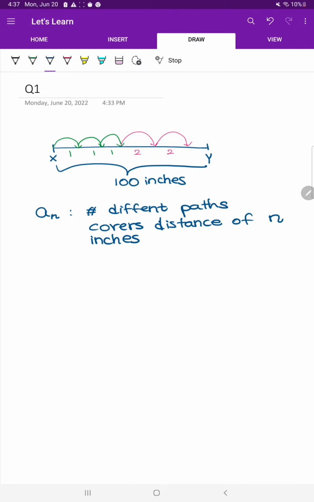After defining the variable, our goal is then to find a_100. It means when n equals 100.